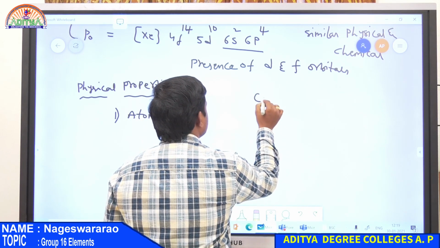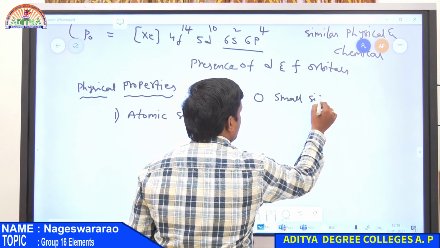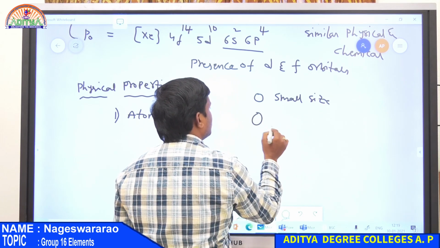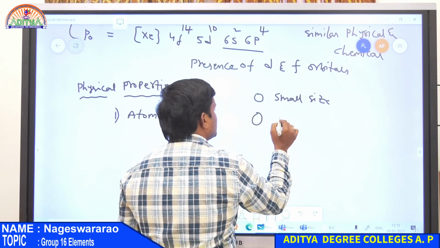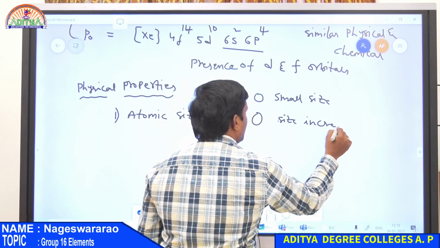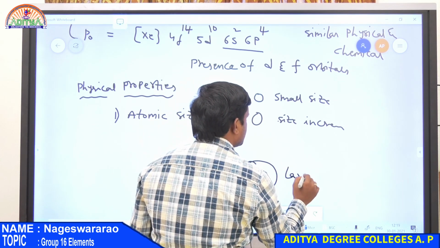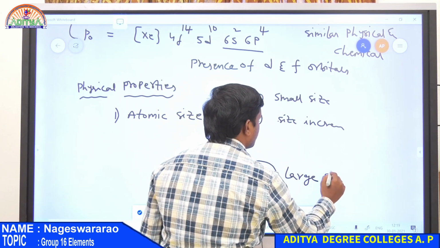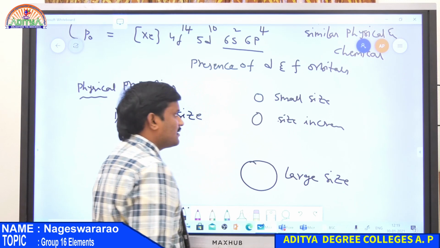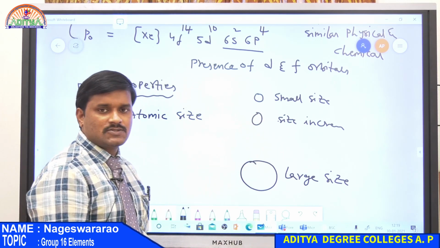Therefore oxygen is having very small size, and then sulfur, so size increases, and finally polonium having a large size. So as the atomic number increases, the size of the element also increases.